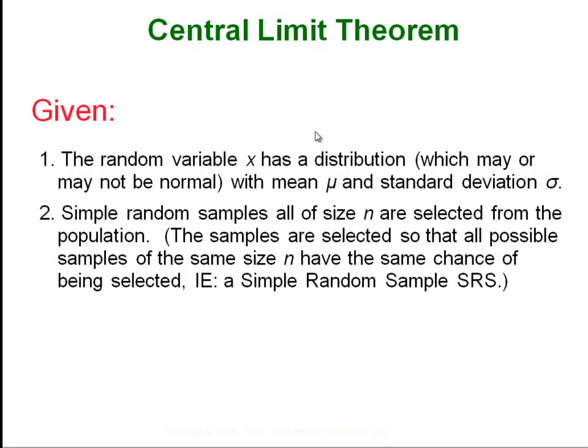Given a random variable x with a distribution, which may or may not be normal, and that random variable has a mean and a standard deviation, go and take some simple random samples, all of the same size, selected from that population, and remember they have to be simple random. Then that's how and when the central limit theorem applies, right?